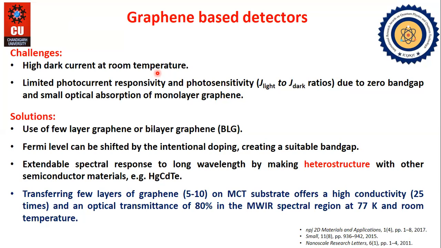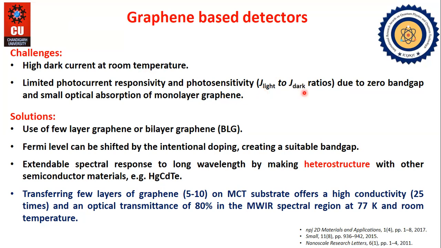Additionally, the zero band gap and small optical absorption of monolayer graphene, which is 2.3%, offer limited photocurrent responsivity and photosensitivity, which is the ratio of the light current density to the dark current density.